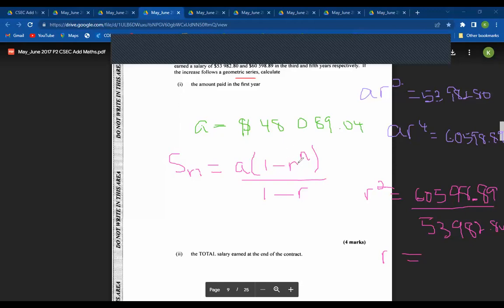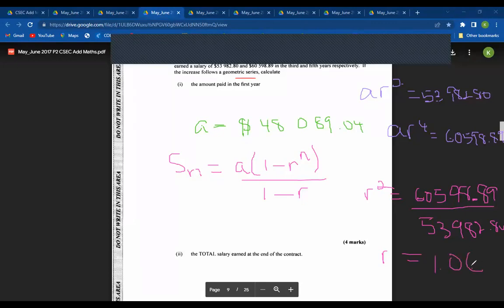So can you tell me what answer you get for r? To 3 significant figures, what decimal do you get? 1.06.